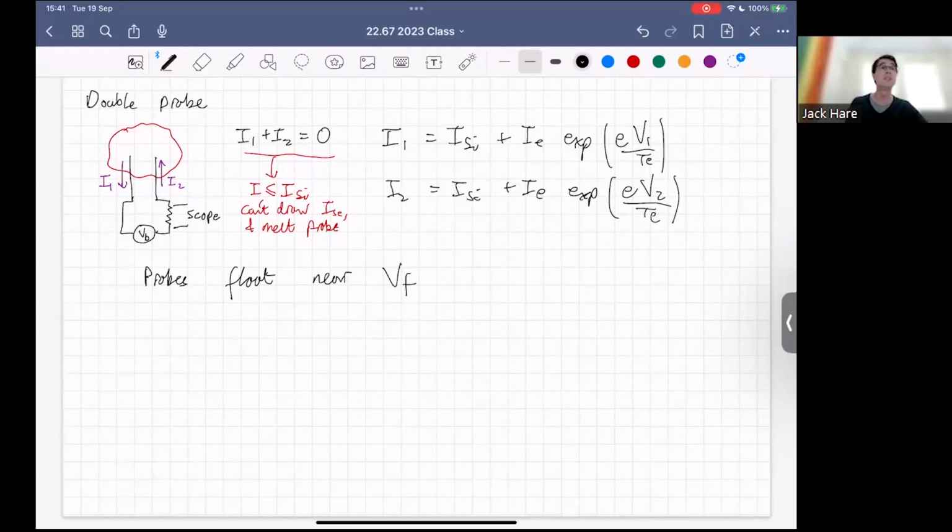In fact, that will happen as soon as we put these probes into the plasma. We're not biasing the probes themselves, we're biasing them with respect to each other. So the whole setup will float towards the floating potential, and that means that our ion current is going to be equal to our electron current, like this.